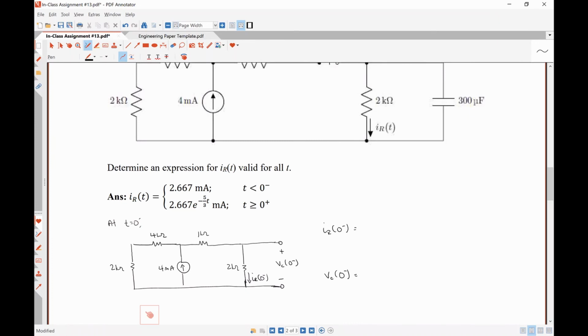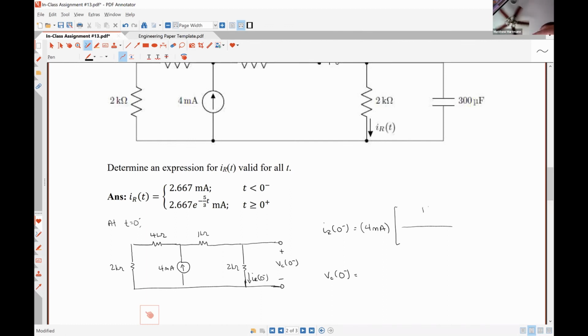For IR, you could use current division. Okay, so using current division, I would have 4 milliamps multiplied by, so I'm treating the 4 kilo ohm resistor and the 2 kilo ohm resistor in series as one branch in parallel with the 4 milliamp source. And I'm treating the 1 kilo ohm resistor and the 2 kilo ohm resistor in series as another branch in parallel with the source.